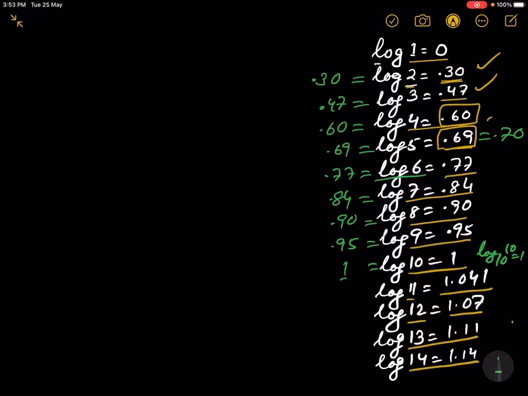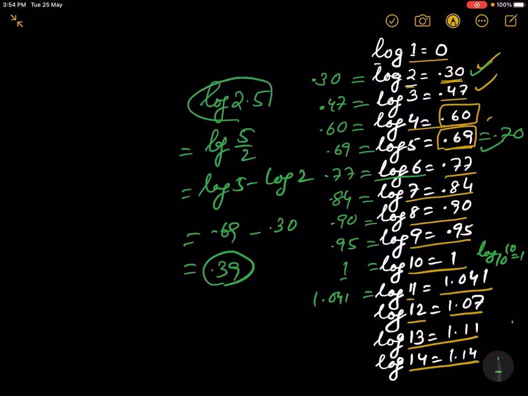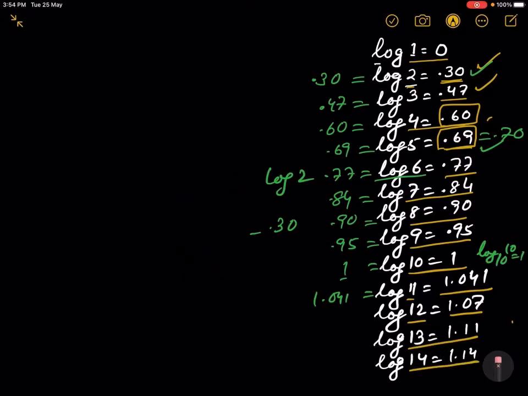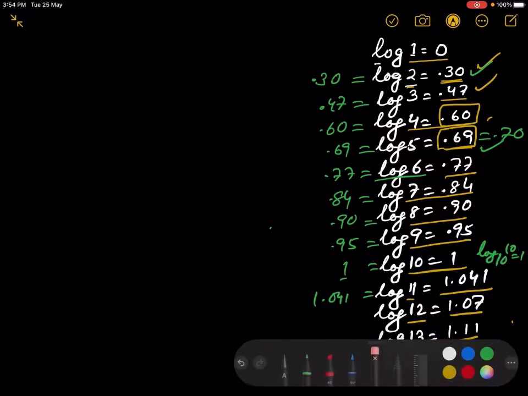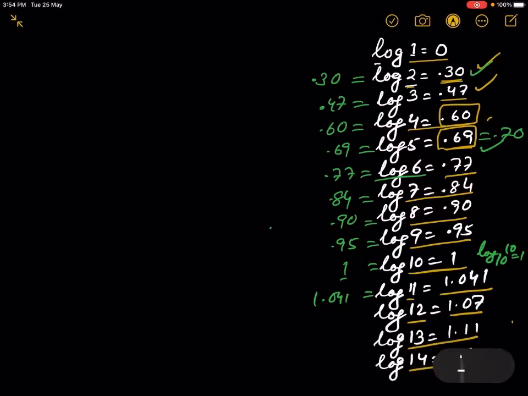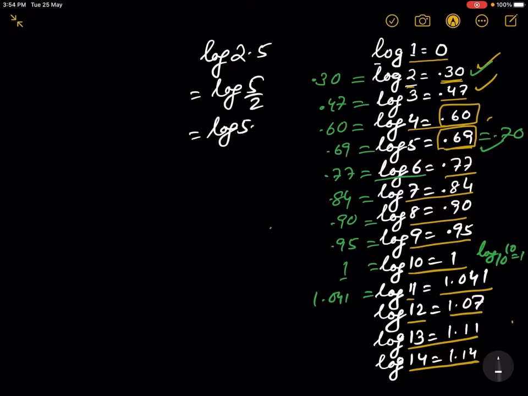If I take log 2.5, then log 2.5 is equal to log 5 by 2, which is equal to log 5 minus log 2. The value of log 5 is 0.69 and log 2 is 0.30, and the value of log 2.5 is found to be 0.39.